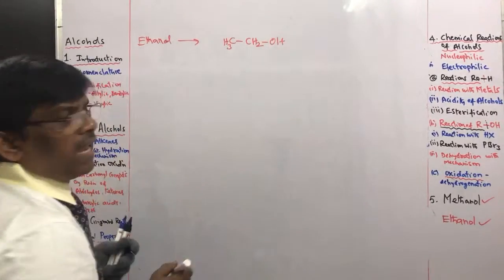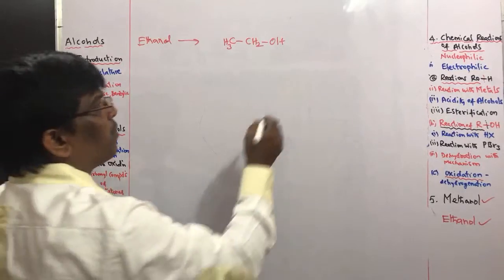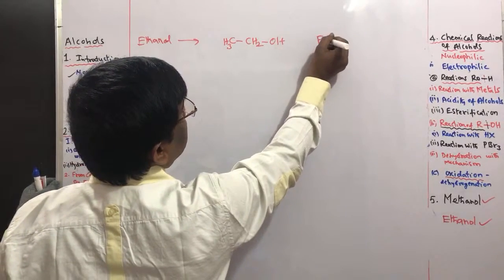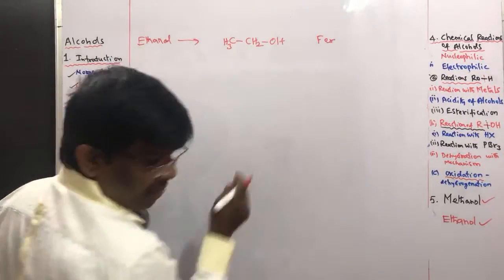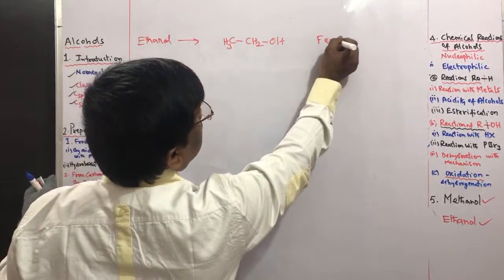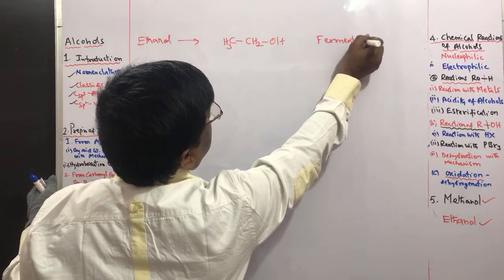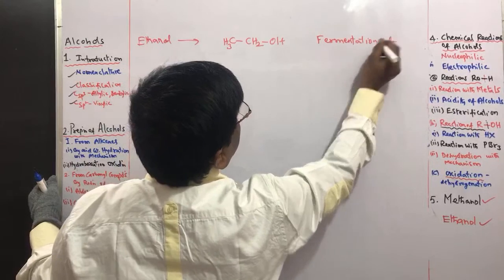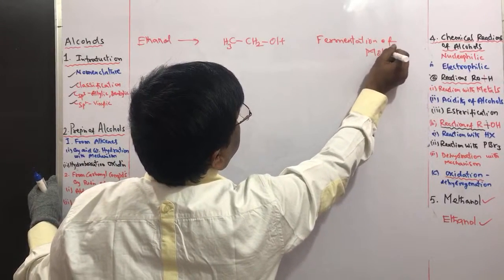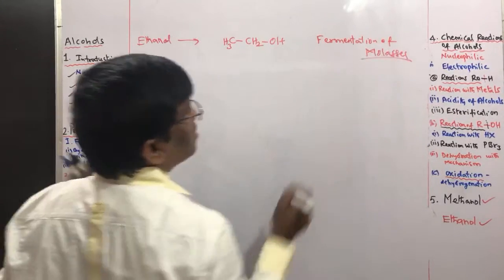This ethanol is traditionally prepared by fermentation of molasses or sugars.